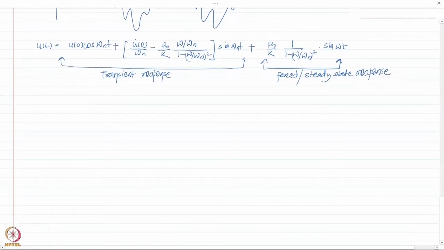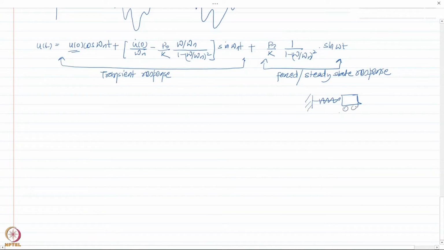However, note here that the transient response depends on initial conditions. It depends on u of 0 and u dot of 0. However, the forced or steady state response does not depend on initial conditions, and you can easily imagine that. Let us draw the spring mass representation.